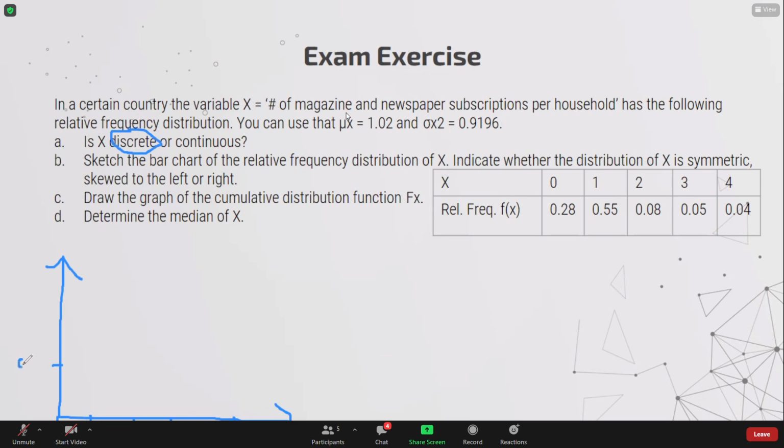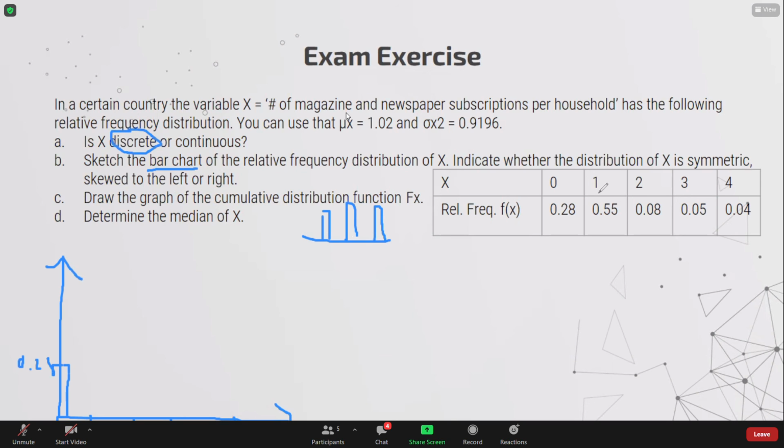So let's imagine that's somewhere here. So for 0, that's our bar. It says bar chart. So a bar chart looks like this. We have different bars. So it has to resemble that.